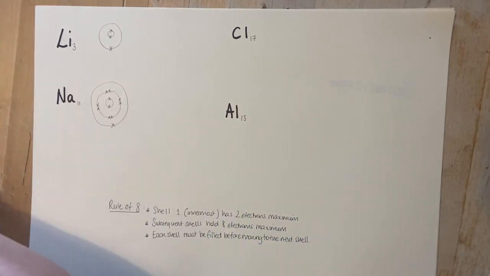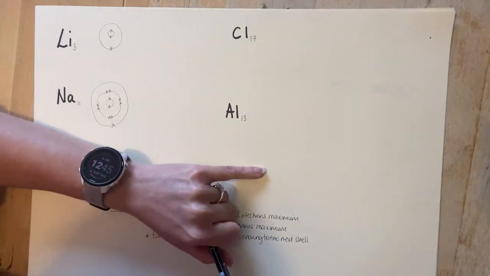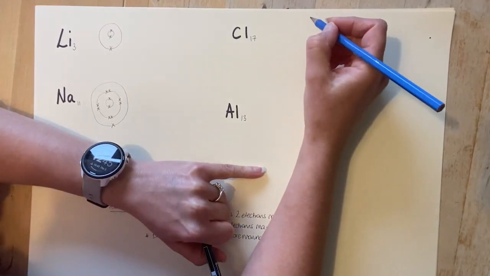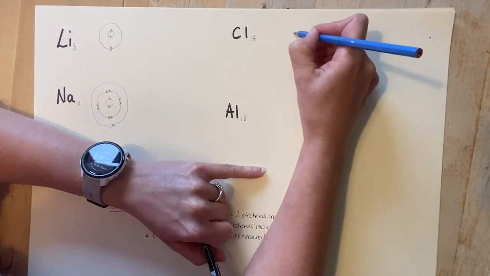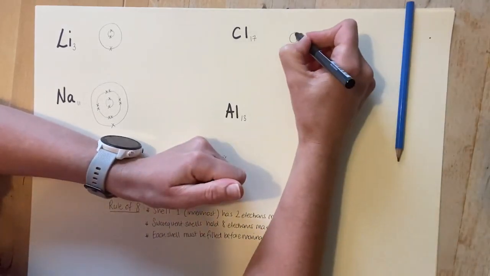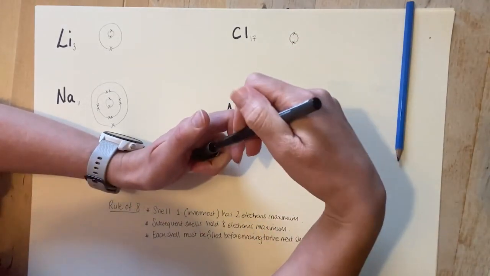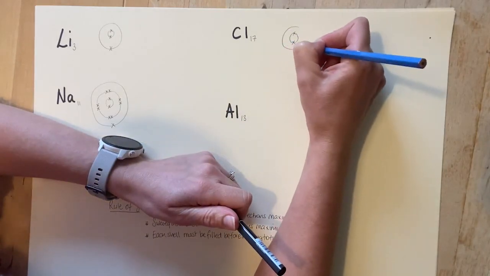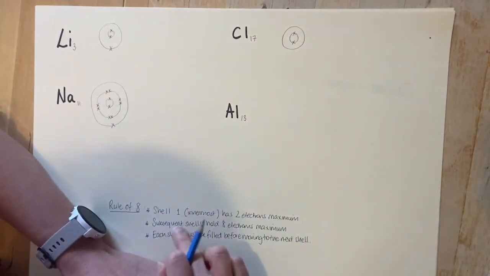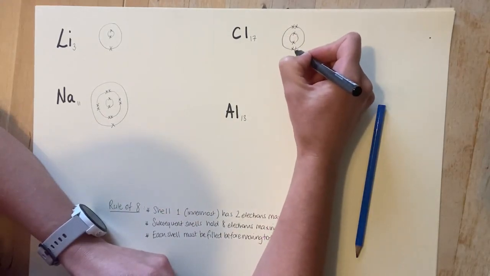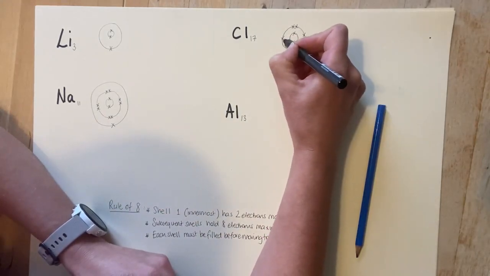Chlorine. I left these ones blank purposely so that we can do this. You know how to do this if you face a blank piece of paper. So first shell, we've got 17 electrons to fill. I'm going to put 2 electrons there. We've still got 15 to fill, so let's add another shell. We know this shell can hold up to 8 electrons. So 2, 4, 6, 8, and it's full.